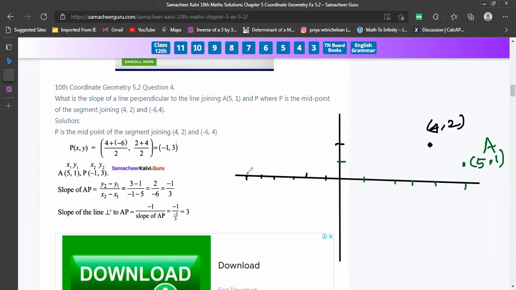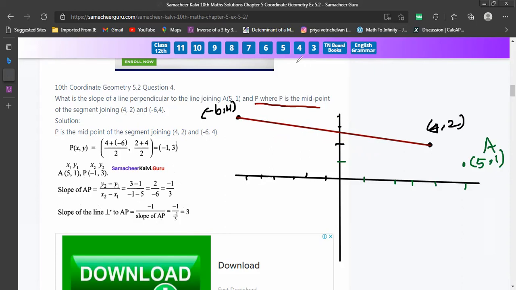Minus 6, 4. And P, where P is the midpoint of the segment joining 4, 2 and minus 6, 4. So these two points are getting connected. And they are saying P is the midpoint of this segment.